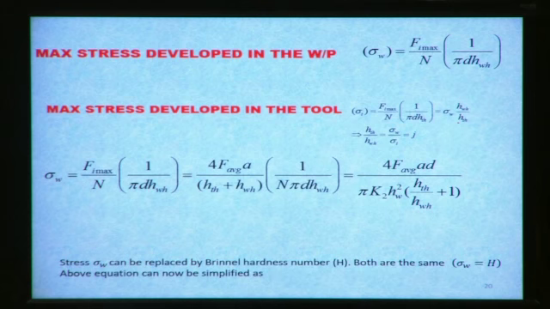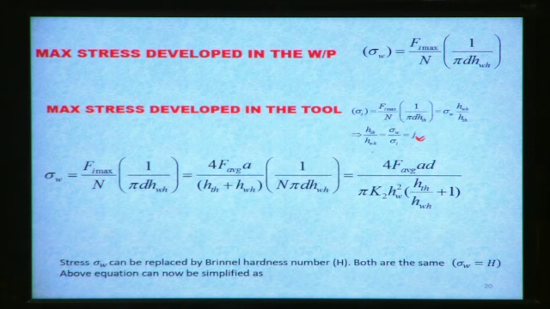Here one more modification: this ratio of the throwing model divided by this hammering model can be represented as sigma W by sigma T, equal to, we can consider this one as J.